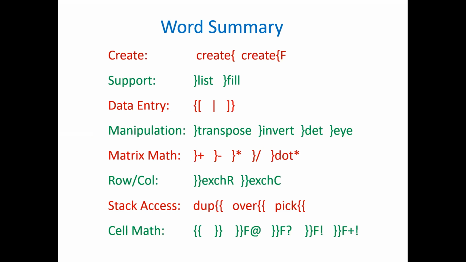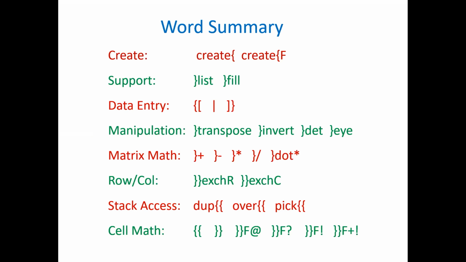Matrix math again works matrix to matrix. So if you're adding two matrices together, you have the right brace plus. The fancy, complicated one is the dot multiply, the dot product. The very one there on the matrix math right is the right brace dot star, which is matrix multiplication.